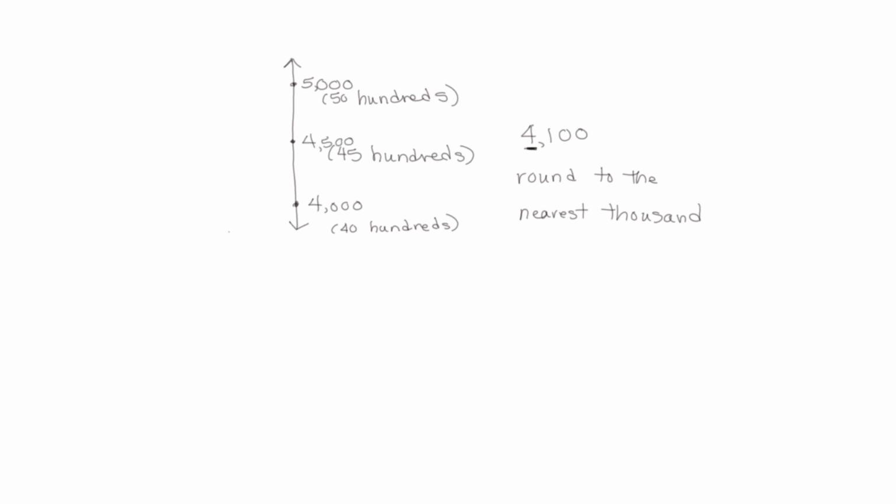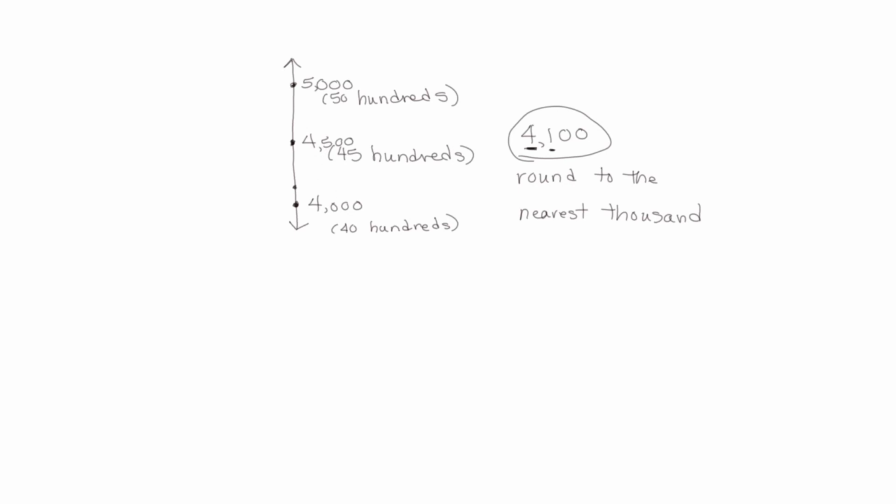That's our midpoint. So now we want to look at the number we want to round, and we want to ask ourselves, is it between 4,000 and 4,500, or is it between 4,500 and 5,000? Well, in the hundreds place here we have a 1, and a 1 is less than 5. It's more than 0, but it's less than 5.